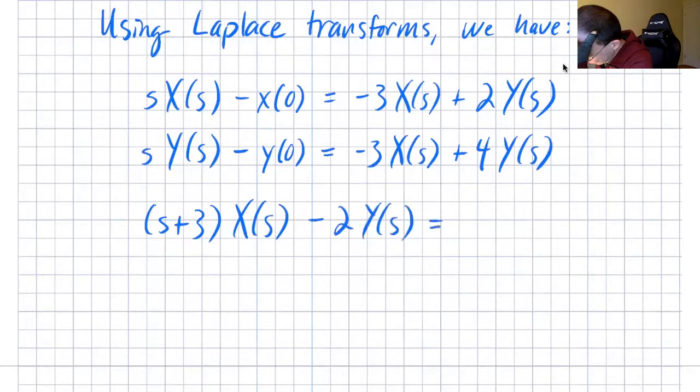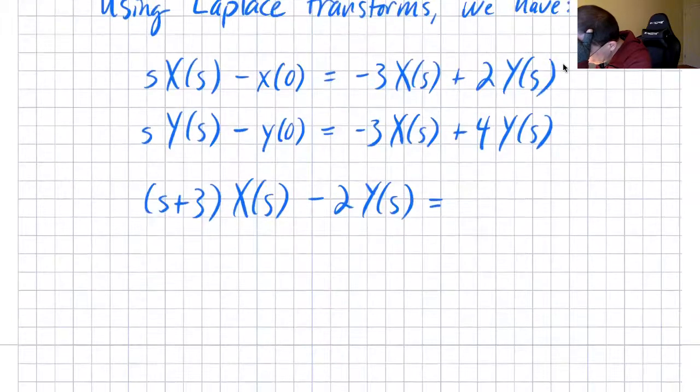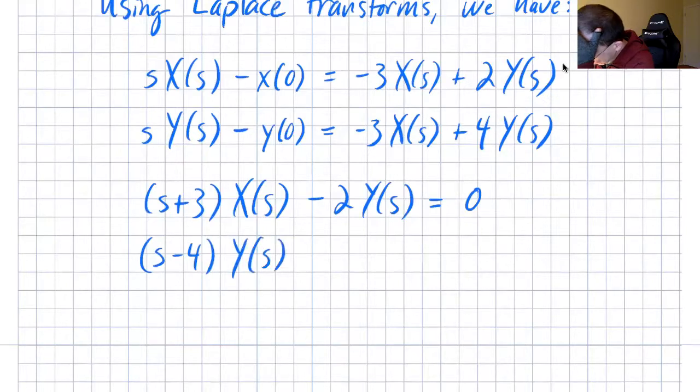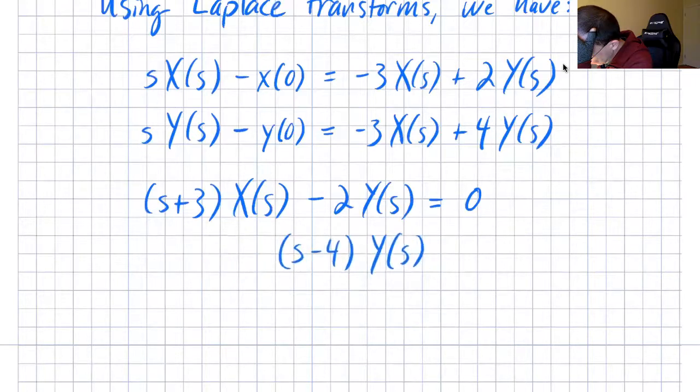And that's equal to x of 0. X of 0 is 0. And then we have s minus 4 y of s. Oh, let me put the y of s on the other side here. Put that over here.